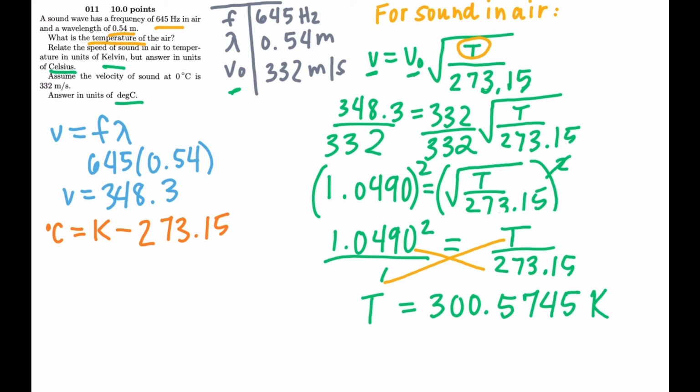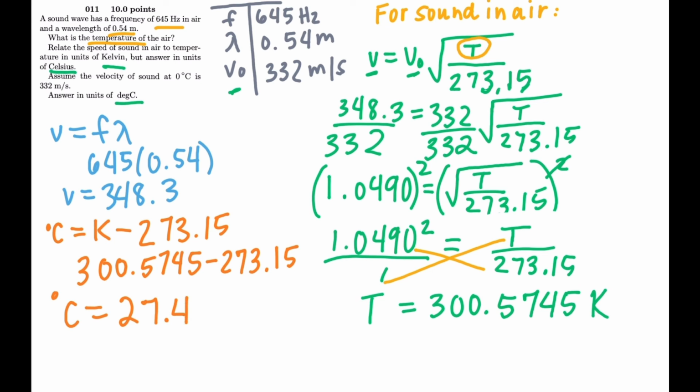So we take 300.5745 minus 273.15, and that gives us an answer of 27.4748. And this, my friends, is our final answer.